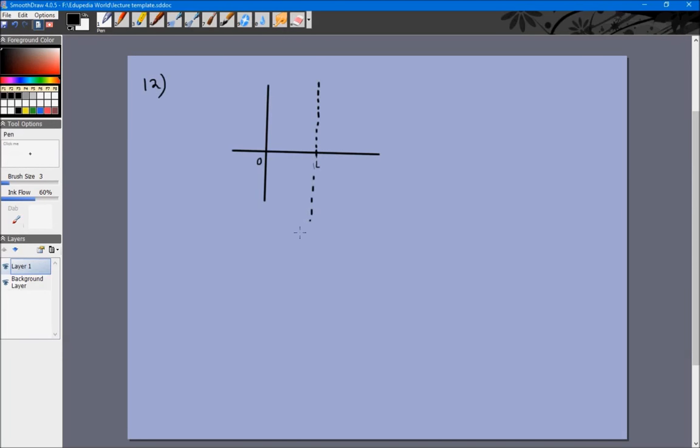Initially, U1 is 4i cap. So it's going like this. By the time it comes out from the other side, its velocity is 2 times root 3 i plus root 3 j, or we can write U2 as 4 times root 3 i by 2 plus j by 2.